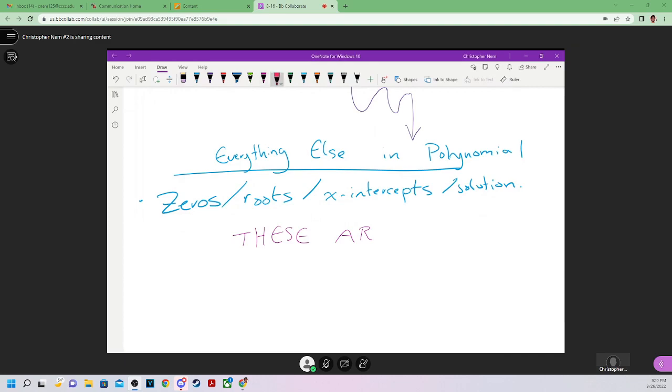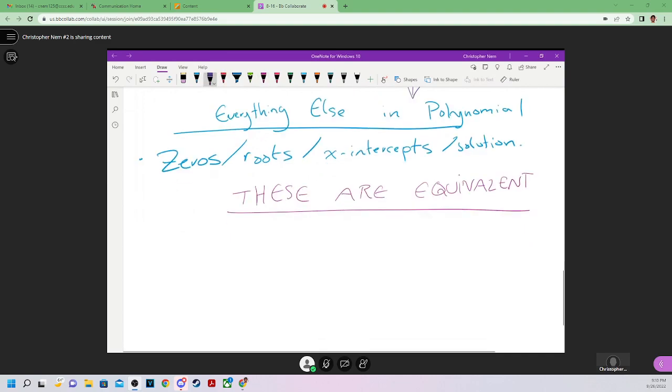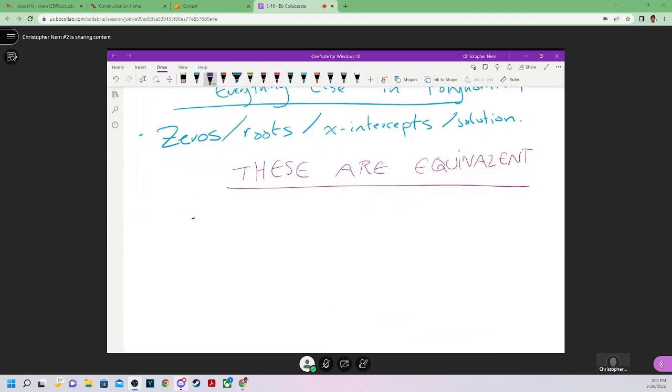What I'm about to list down is equivalent. If you have one, you have all of them. So the first statement I'm going to make is, let P of x be a polynomial function.